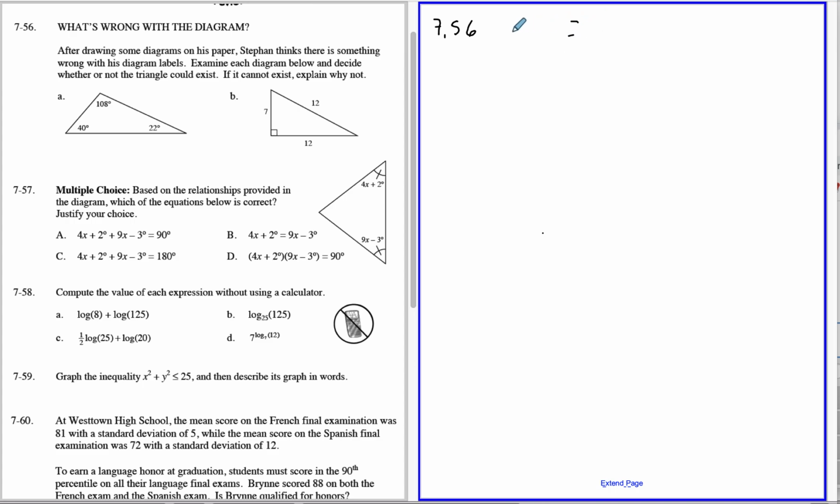My sum of all my angles equals 180. So let's just double check that to see if it works.